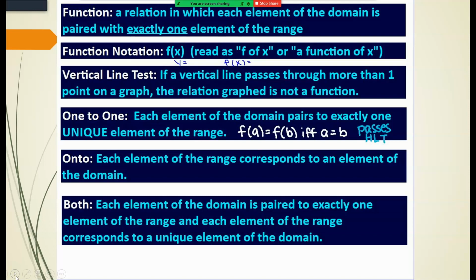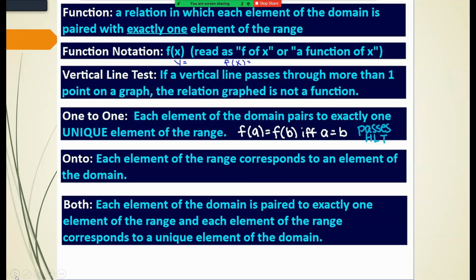So in layman's terms, for every x, there is only one y. A function says for every x, there is only one y.